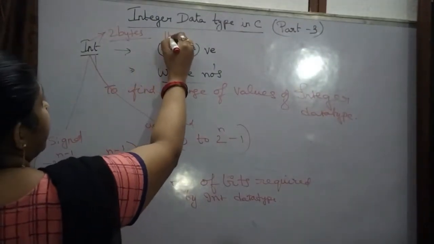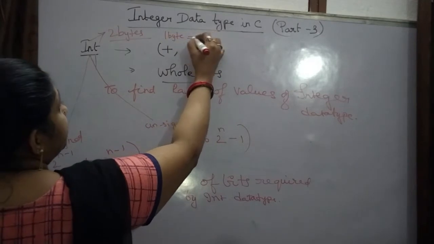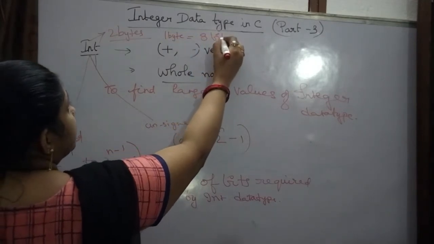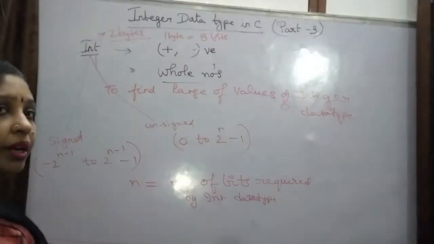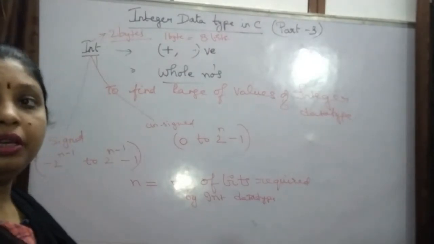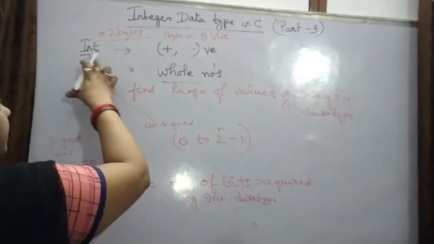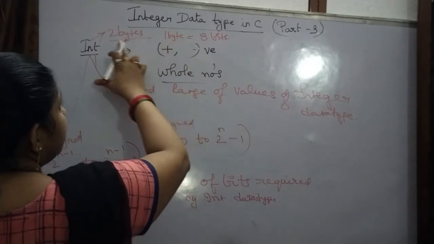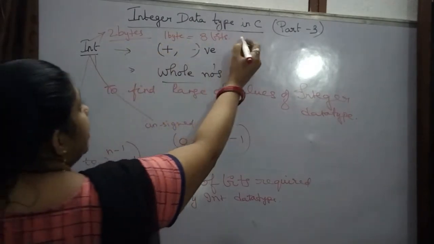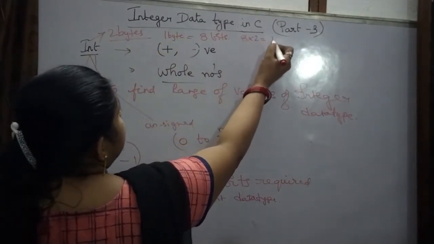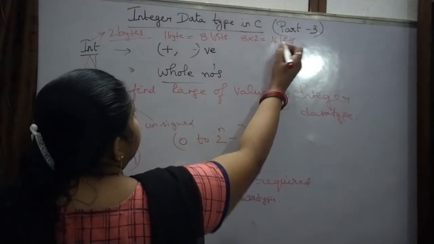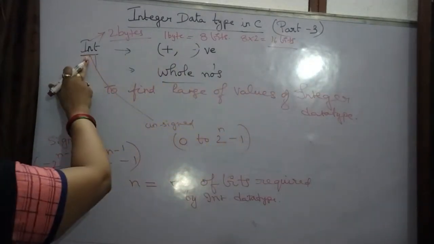Now 1 byte is equal to 8 bits. So for the integer data type you calculate for 2 bytes: 8 into 2 is 16 bits of memory it is going to take.